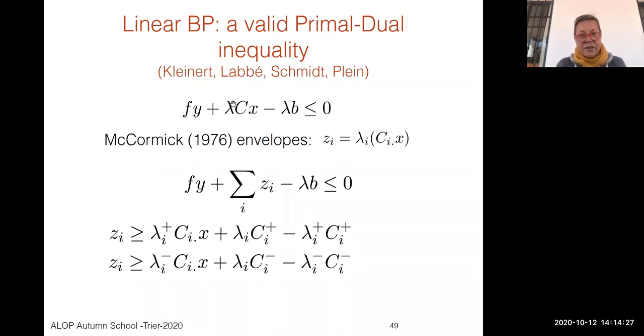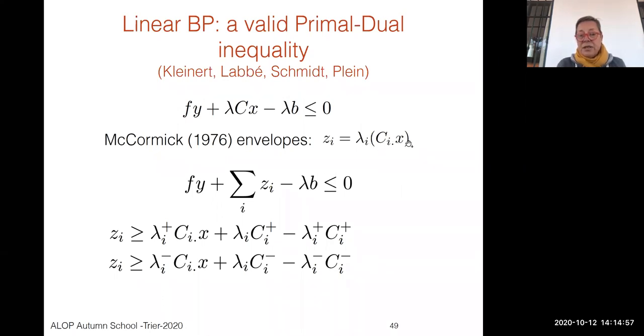And in fact, you can reformulate this using the McCormick envelopes in the following way. You represent this as a sum of terms Zi, and each Zi represents lambda i times this linear expression that is the sum of the Cij xj.